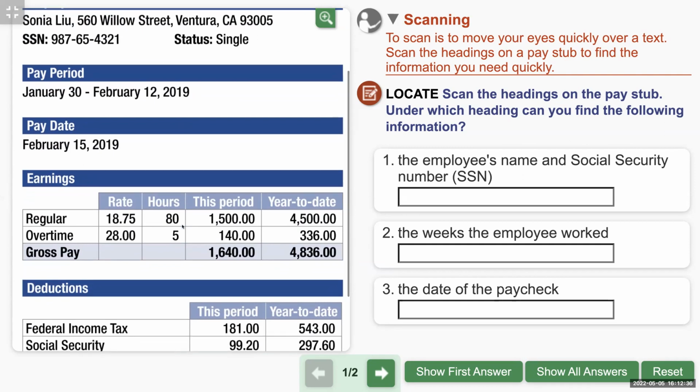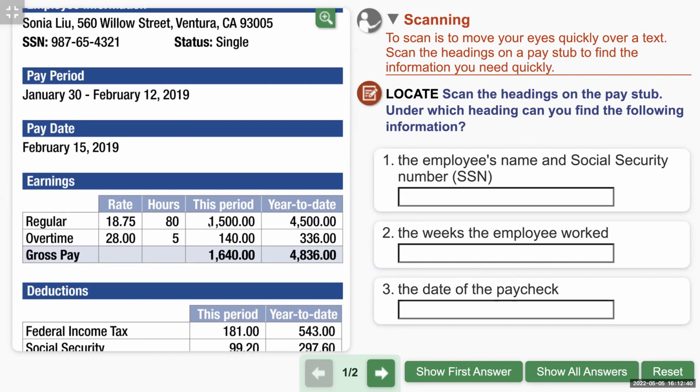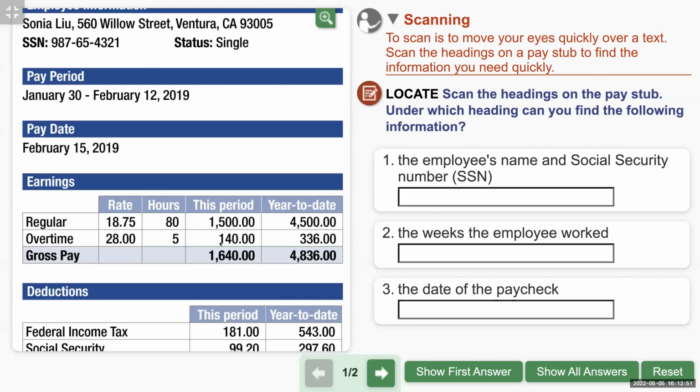How many hours she worked? 80. So that is 1,500. Her overtime, she worked 5 hours at $28 an hour. She made 140. So for this paycheck, Sonia made 1,640.